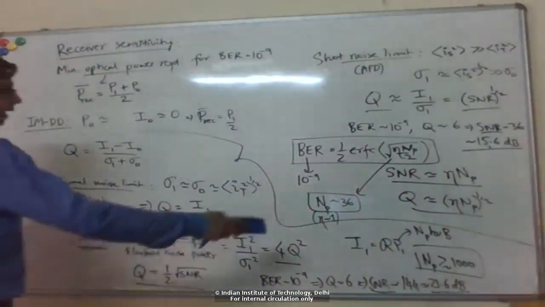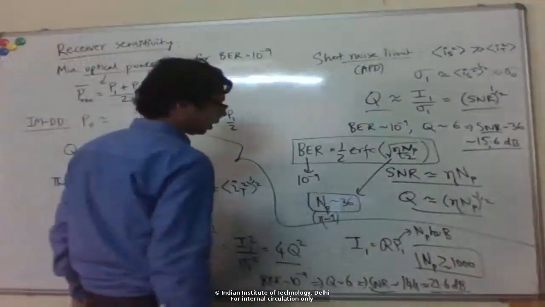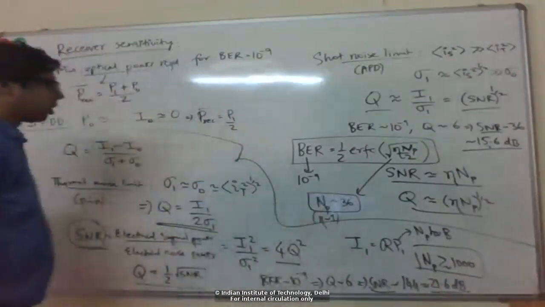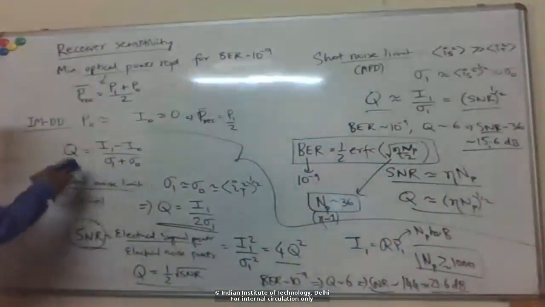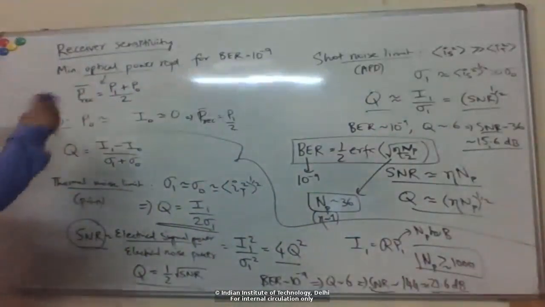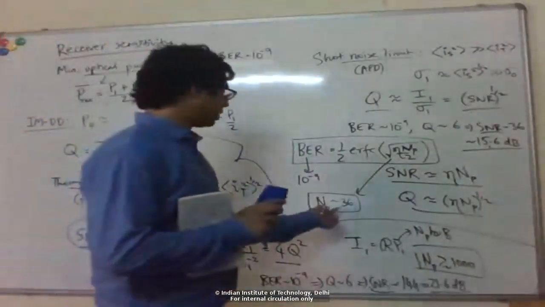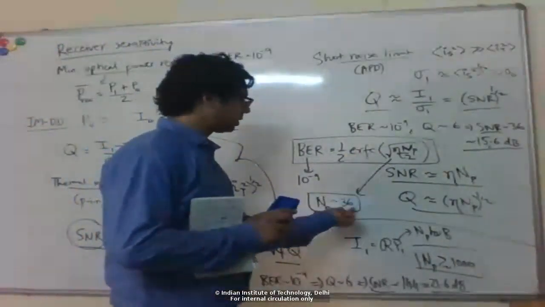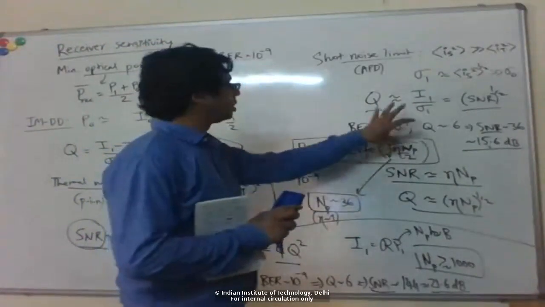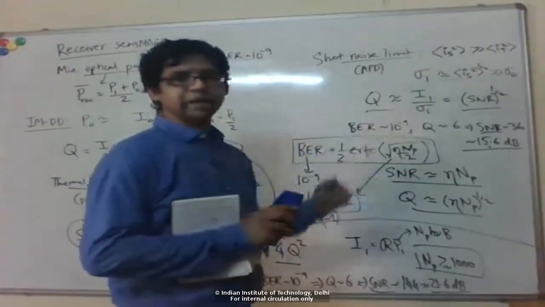Okay, so related to this sensitivity in terms of photon numbers, here we have computed the sensitivity in terms of photon number, and the bit rates are not coming into the picture here.